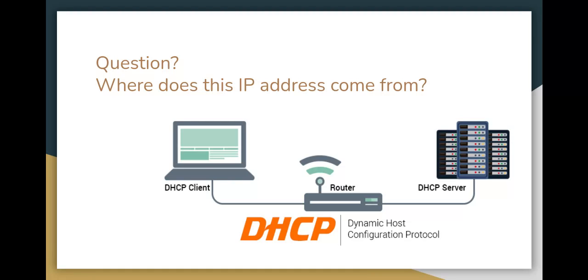That can be done at home by a router, or on large networks by a dedicated DHCP server. The difference between a server and a client is that a server gives out resources, and a client takes resources. That's what this image is doing. The client's requesting an IP address from the server, and the server's giving out that IP address.